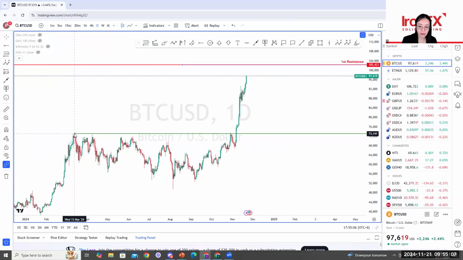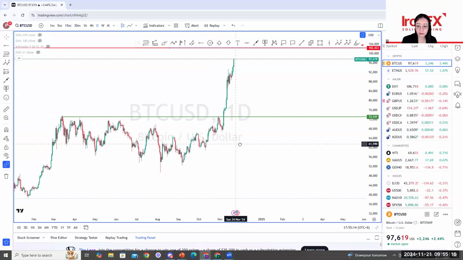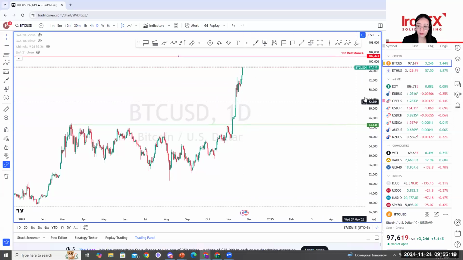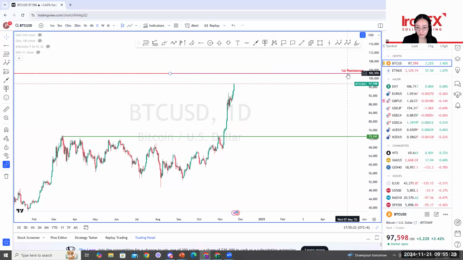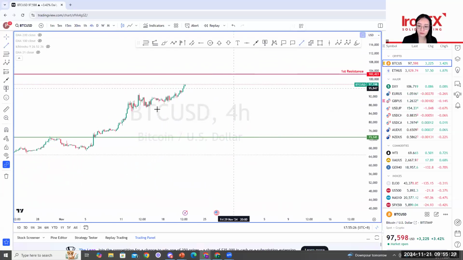Daily, this is the high, right? They break the high here. You can keep buying. Since when? Wednesday, November 6th. So I don't know. It doesn't mean you are to buy because it's too high already. You want to sell, you can wait at the first resistance. So there is no trade setup for me for the BTC.